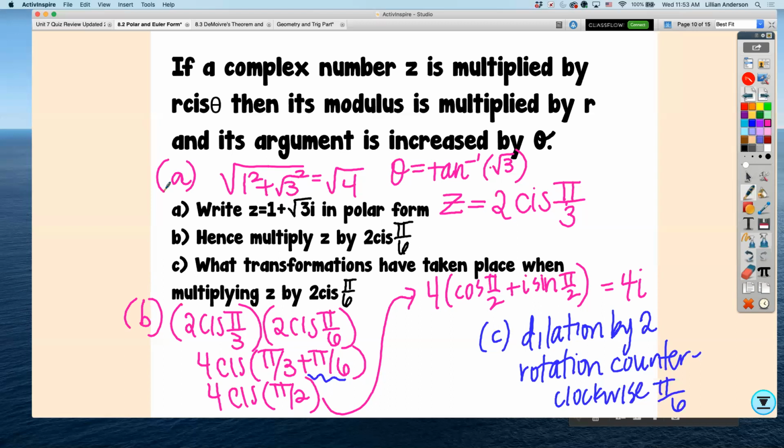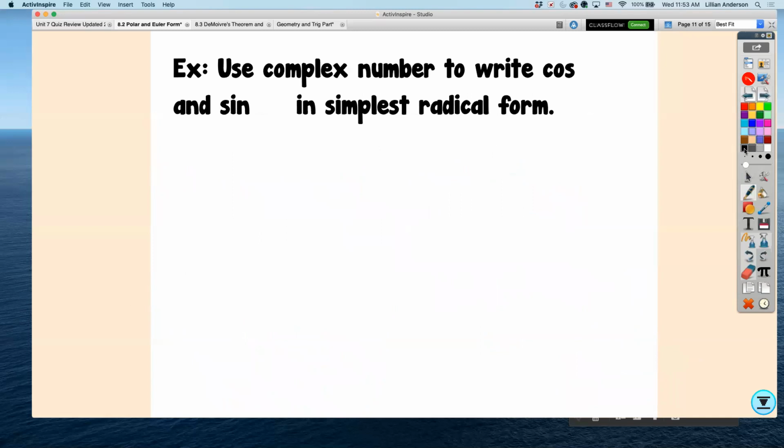We're gonna look at 1 more, 2 more, and we'll look at Euler's form. So using complex numbers to write cosine of 7 pi over 12 and sine of 7 pi over 12 in simplest radical form. Working with the properties.